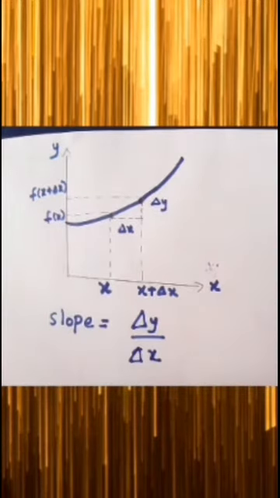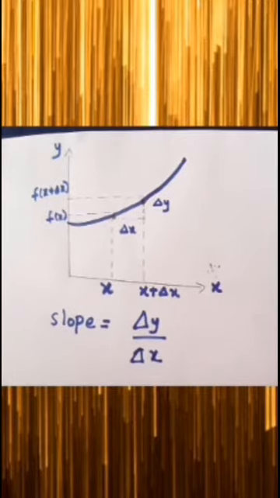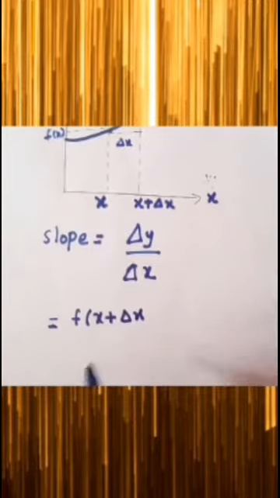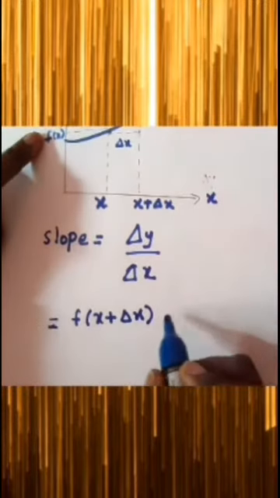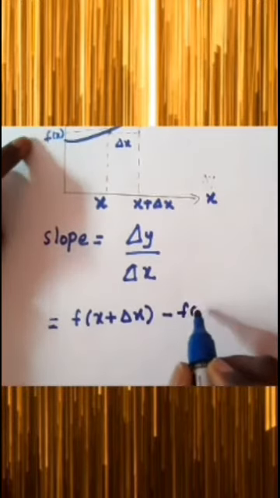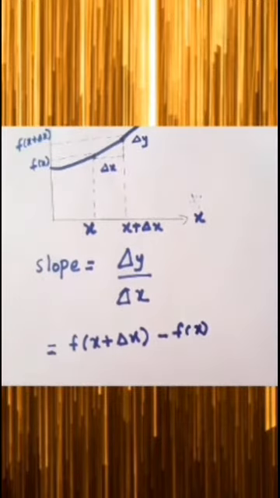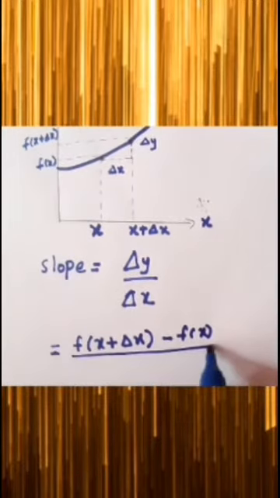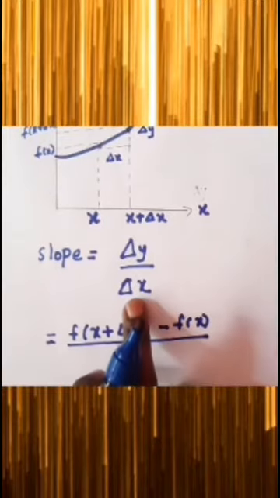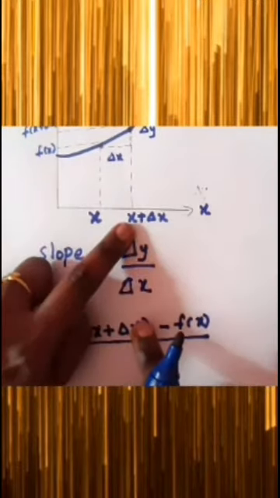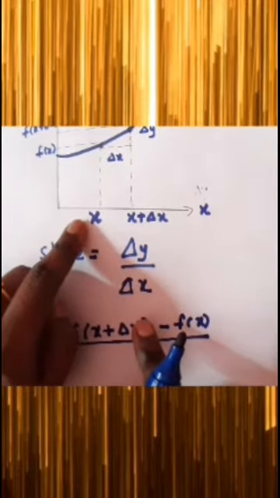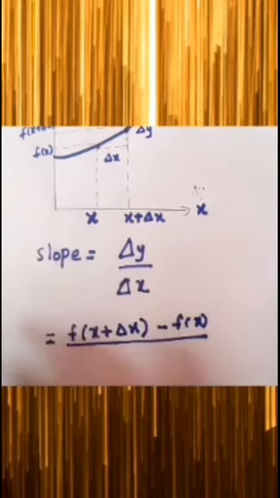So the length is f of x plus delta x minus f of x, divided by delta x. What is the length of delta x? That is x plus delta x minus x. This will be the length, right, students?